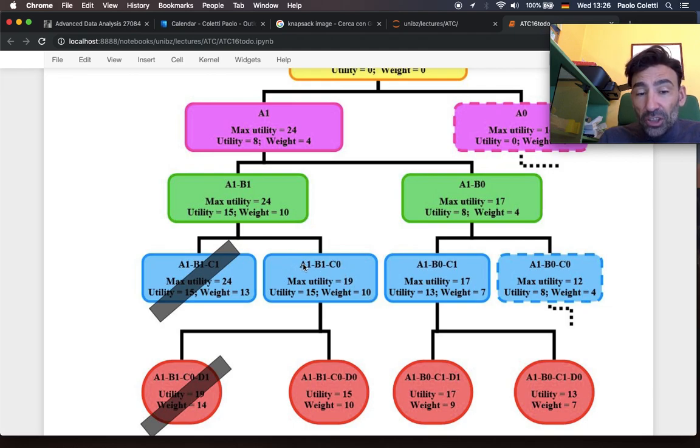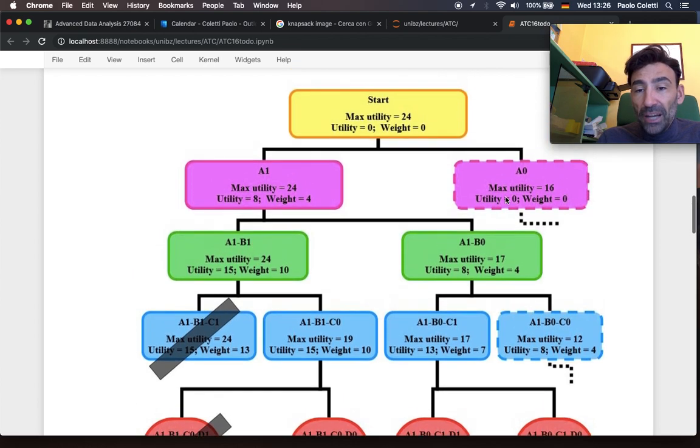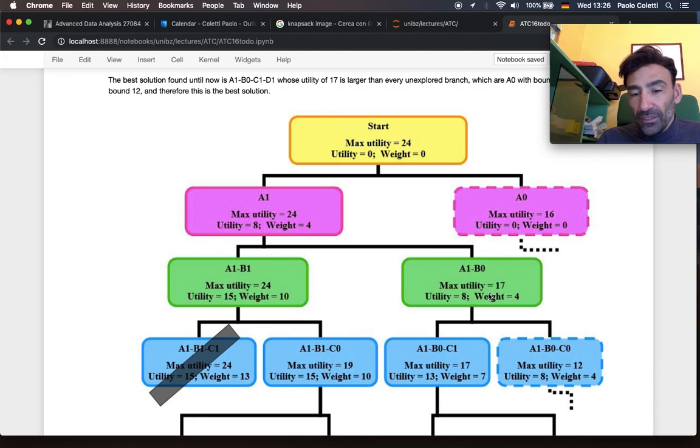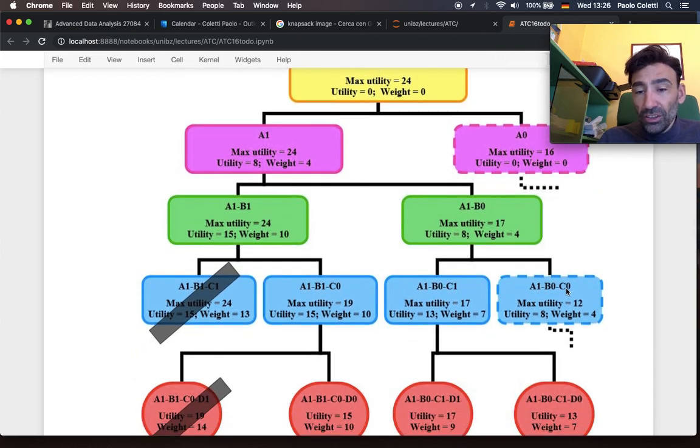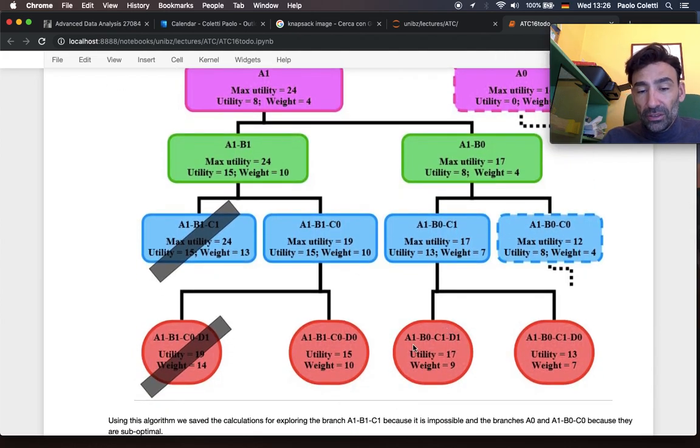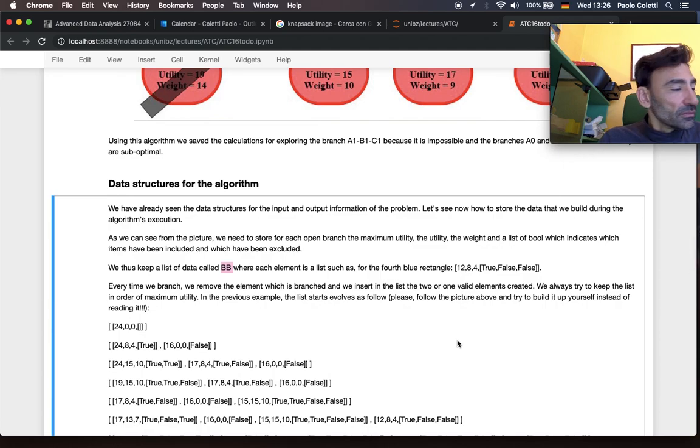So this branch corresponds to true, true, false. This branch corresponds to false. This branch corresponds to true, false, false. This leaf corresponds to true, false, true, true. Okay, so the items will be like this in a BB structure.